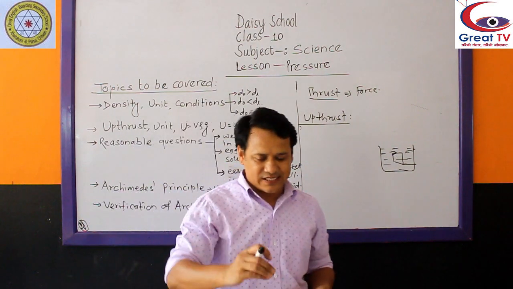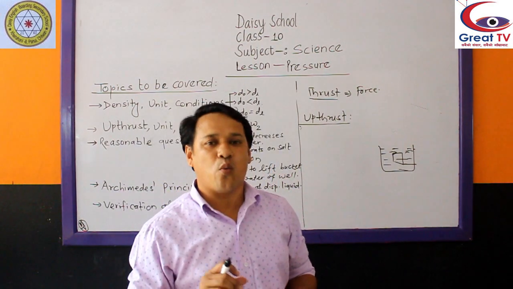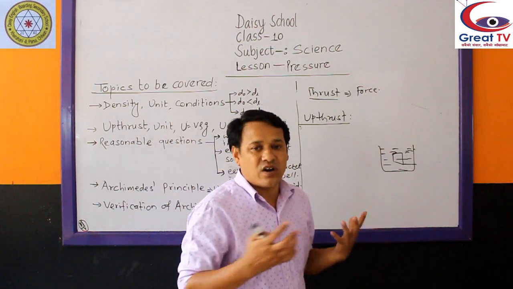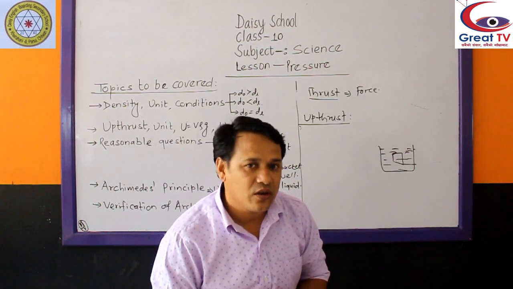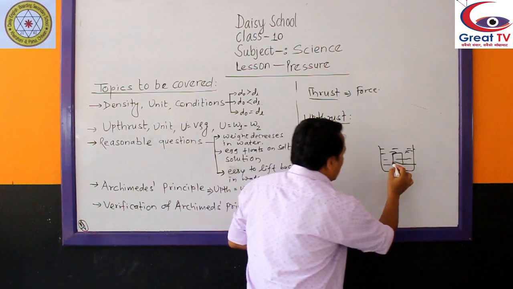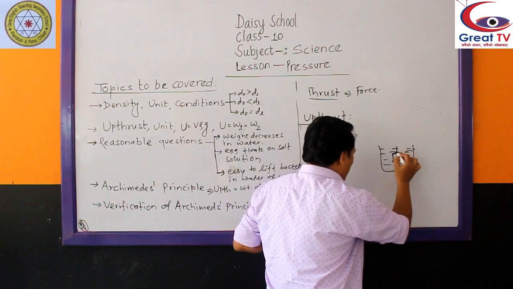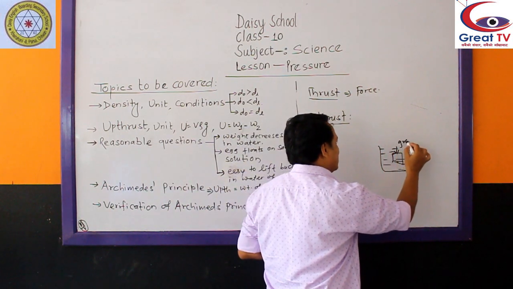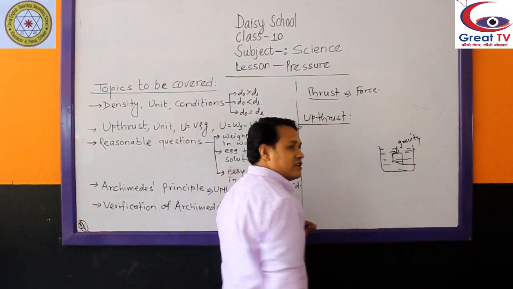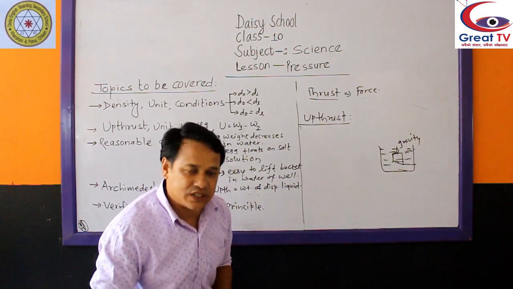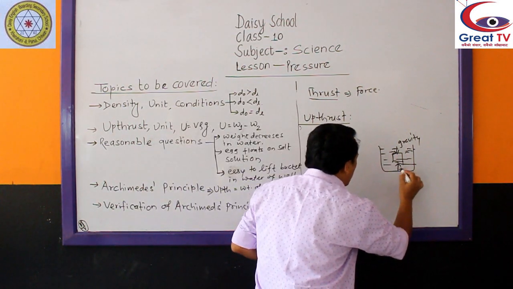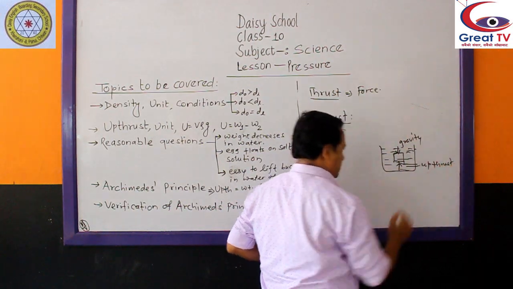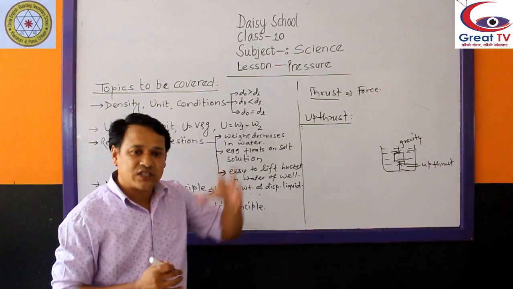When any object is kept in water, two types of force come into action. What are they? Do you know? Yes. One is the downward force, that is gravity. And another is the upward force, that is the upthrust.